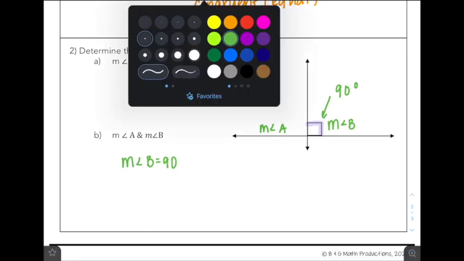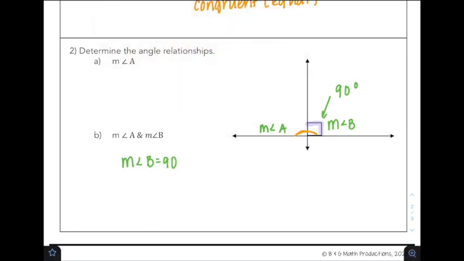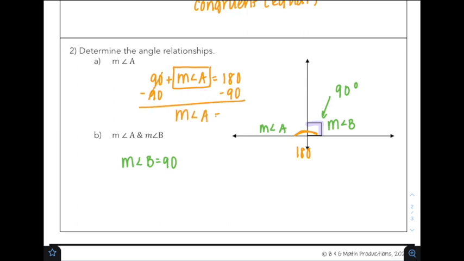And remember, these two angles are going to add up to 180 degrees. So 90 plus the measure of angle A is going to equal 180 degrees. You can just treat this as a variable if you want, and say minus 90 on both sides. The measure of angle A is going to be 90 degrees, which is the same as the measure of angle B.